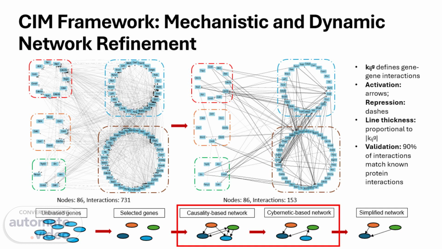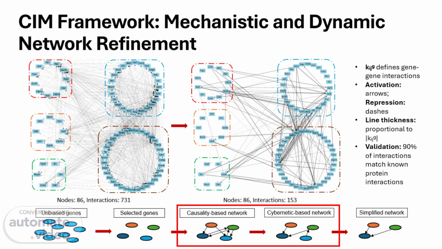The term defines these gene-gene interactions, with arrows indicating activation and dashes indicating repression. The line thickness is proportional to the strength of this interaction. Critically, validation showed that 90% of these interactions matched known protein interactions, demonstrating the biological relevance and accuracy of our refined network.